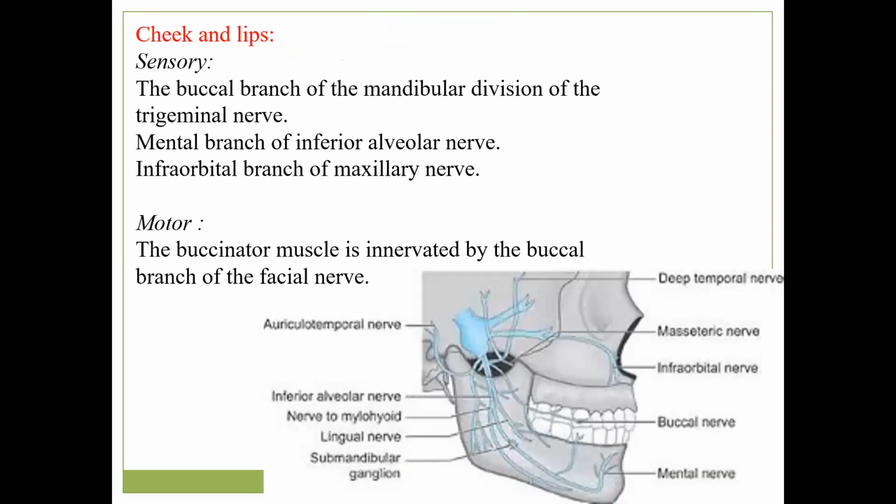When it comes to the cheek and the lips, the sensory fibers are supplied from the buccal branch of the mandibular division of the trigeminal nerve, and then the mental branch of the inferior alveolar nerve and the infraorbital branch of the maxillary nerve. Motor fibers come from the buccal branch of the facial nerve.